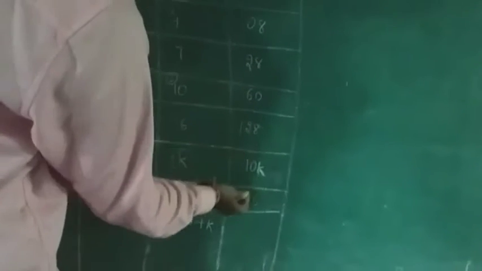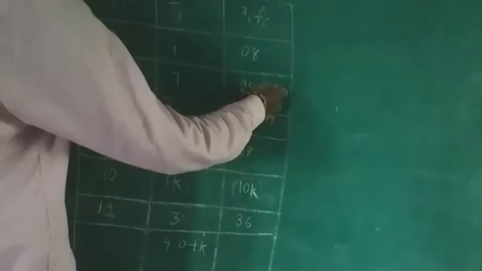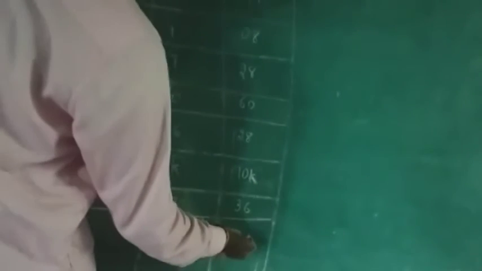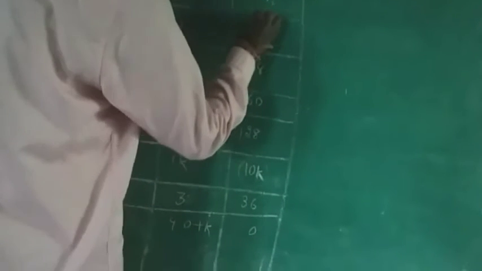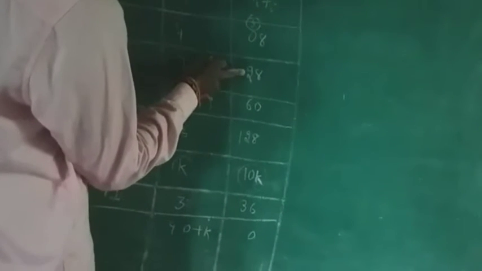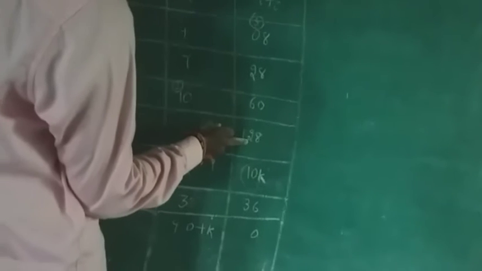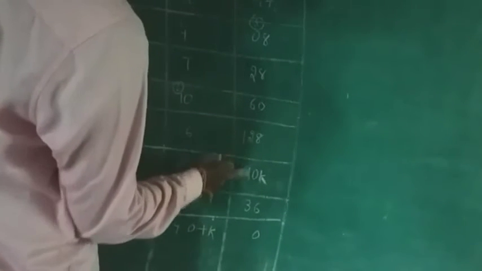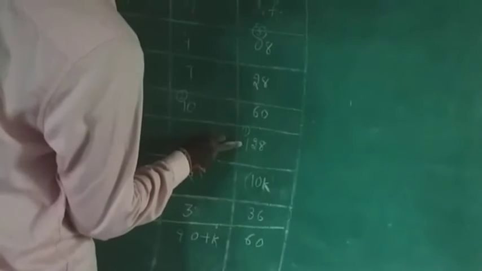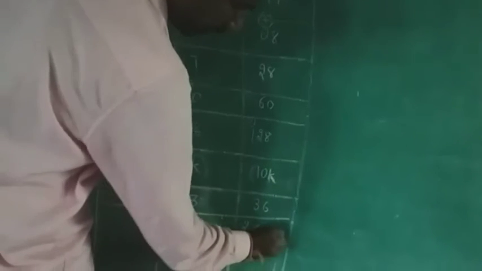This one you need to add individually: 8 plus 8 is 16, 16 plus 8 is 24, 24 plus 6 is 30, 0, 3 plus 2 is 5, 5 plus 6 is 11, 11 plus 2 is 13, 13 plus 3 is 16, 1 carry, 1 plus 1 is 2. So 260 plus 10k. You need to concentrate on this.